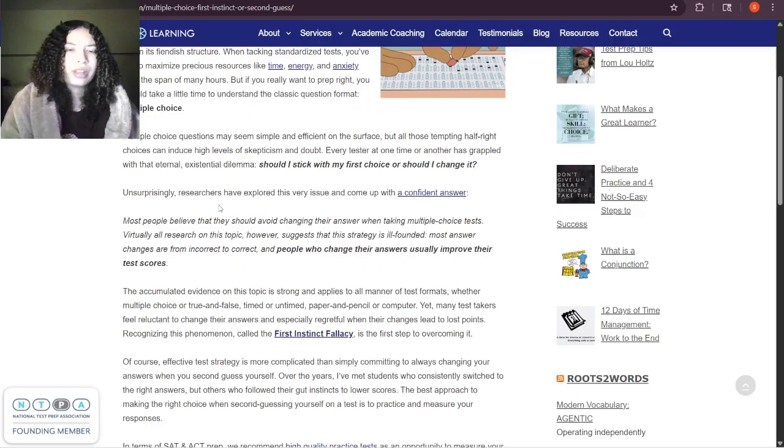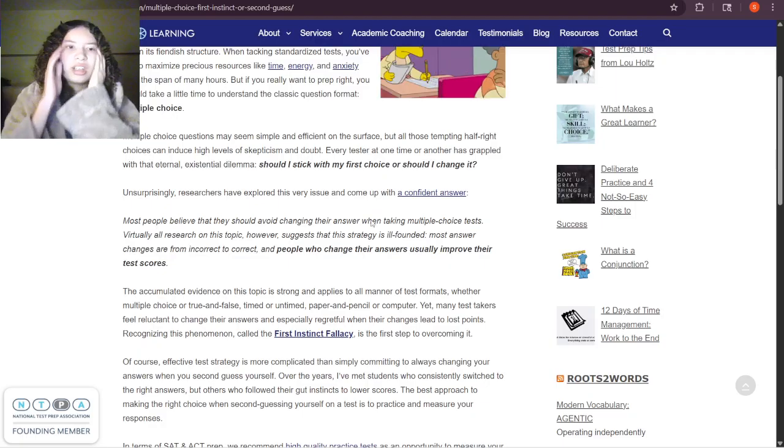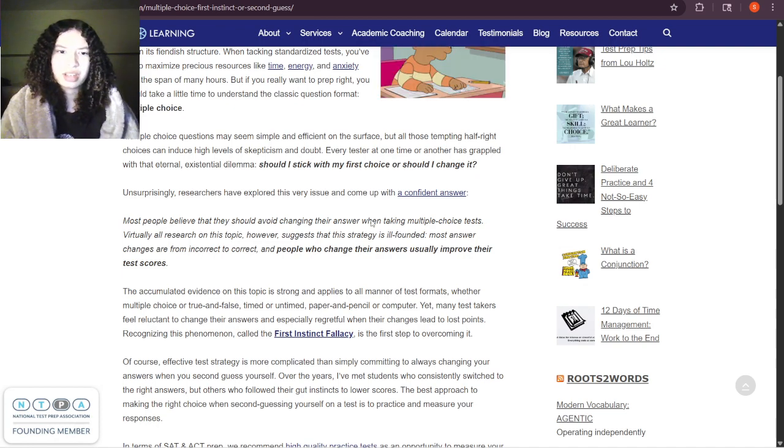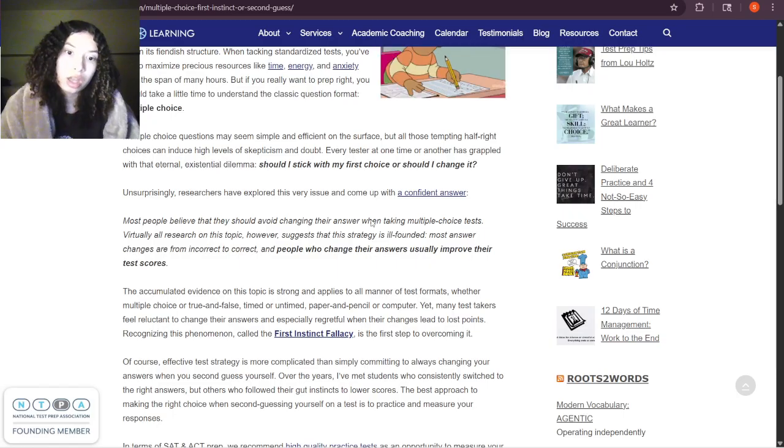Unsurprisingly, researchers have explored this very issue and come up with a competent answer. Most people believe that they should avoid changing their answer when taking multiple choice tests. Virtually all research on this topic, however, suggests that this strategy is ill-founded. Most answer changes are from incorrect to correct, and people who change their answers usually improve their test scores.